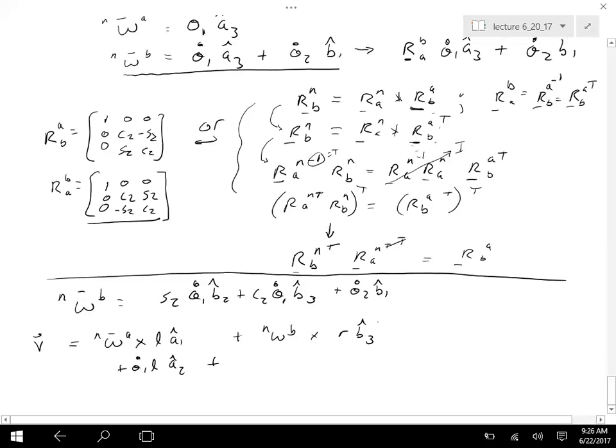I get A1 cross A3, which is a negative R theta 2 dot B2. A2 cross A3 is a positive R sine theta 2 theta 1 dot in the B1. And then A3 cross A3 is 0. So there's my velocity.